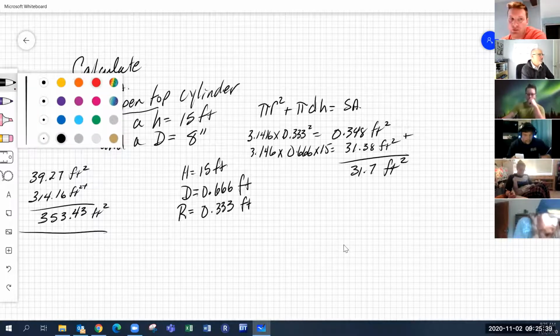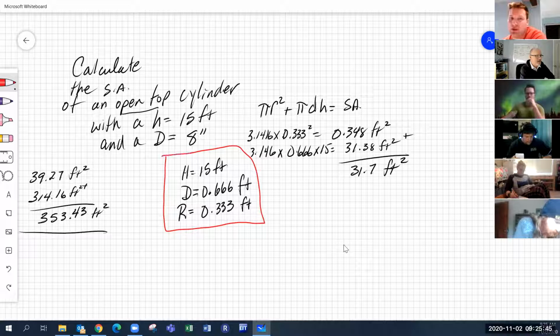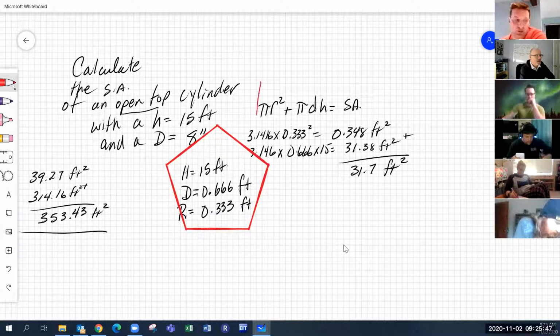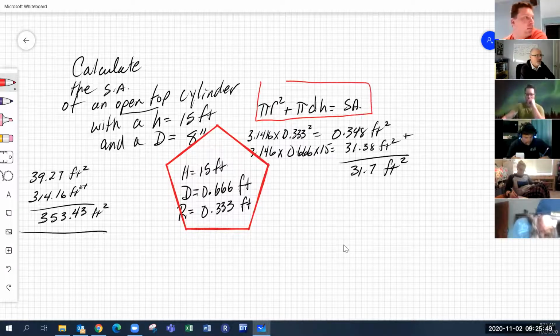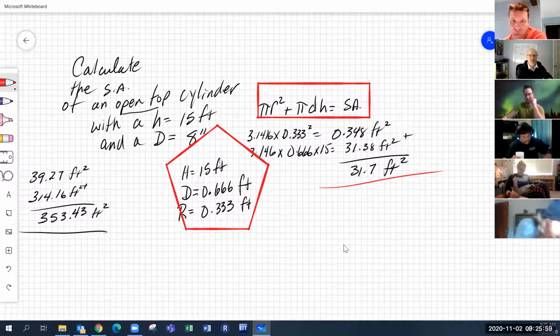So I just want to reinforce, I want you to get into the habit of writing your variables down. I want you to get in the habit of writing your formula out and then doing the math. So that way everything is in front of you. It makes it harder to miss something if you have it written out.